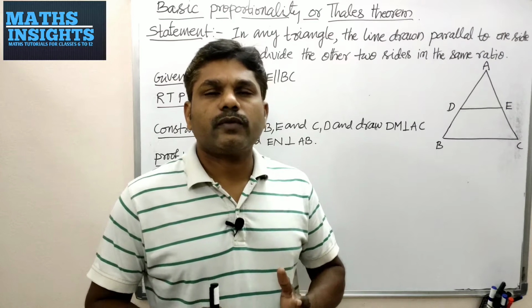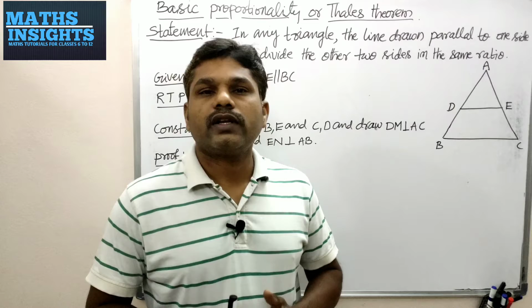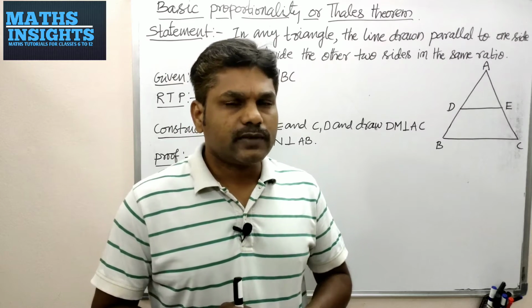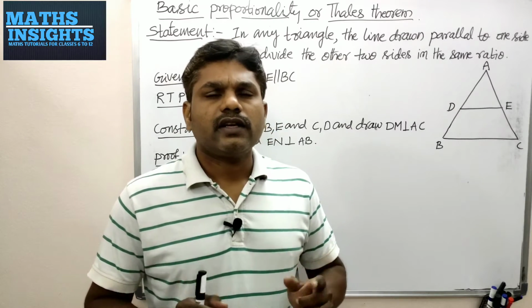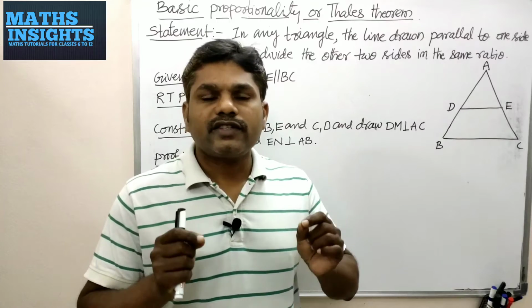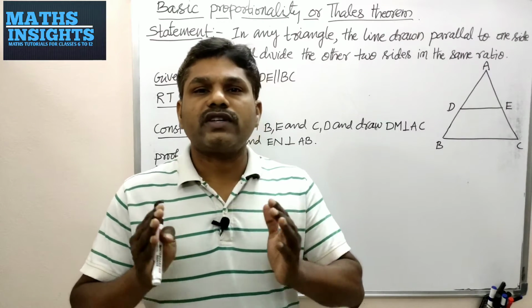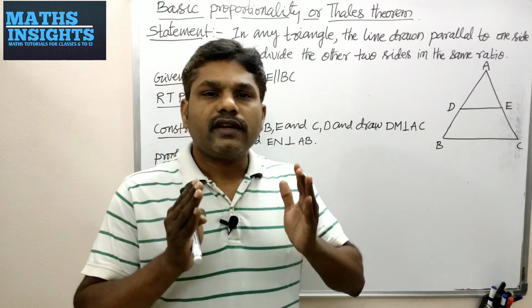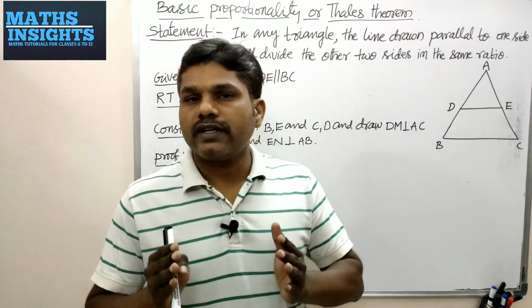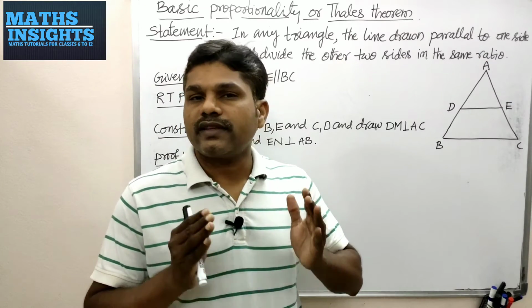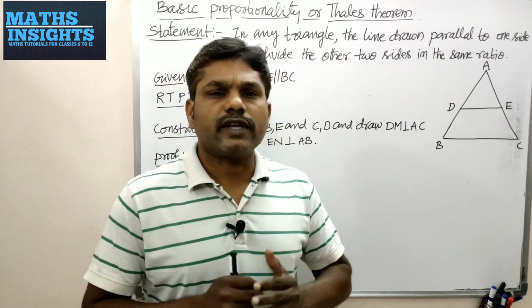The statement of the basic proportionality or Thales theorem says that in any triangle, if you draw a line segment parallel to one side, then that line segment will divide the other two sides in the same ratio. This is very important.